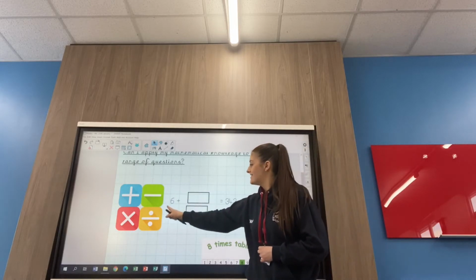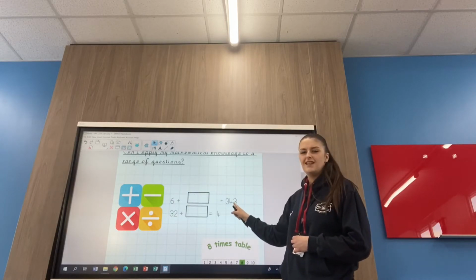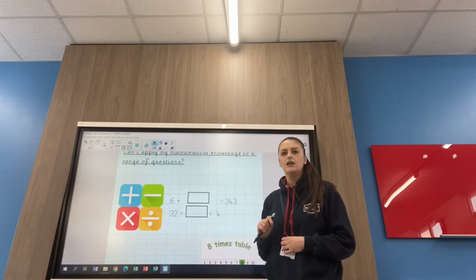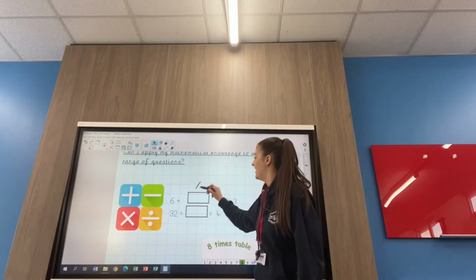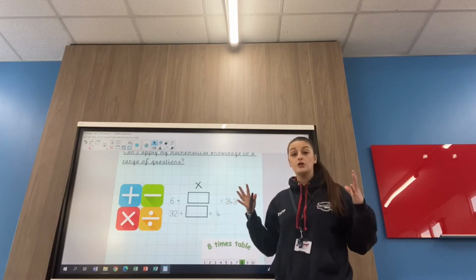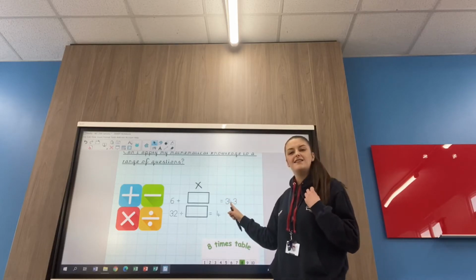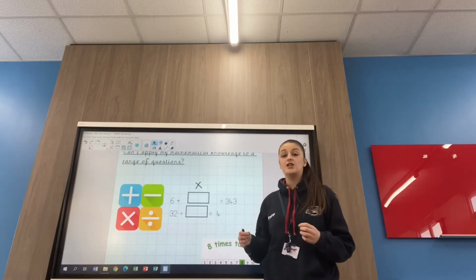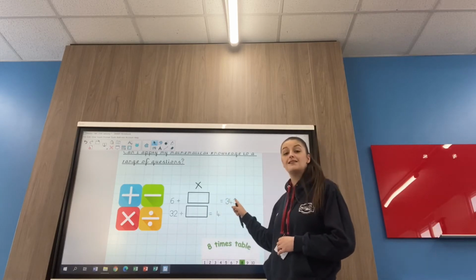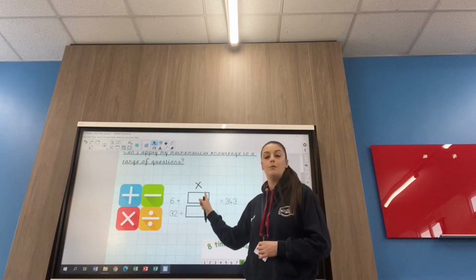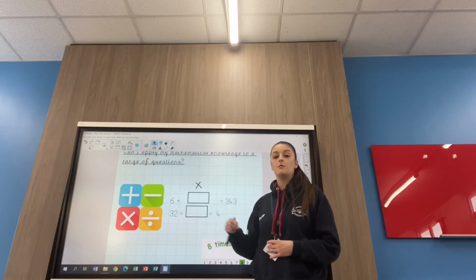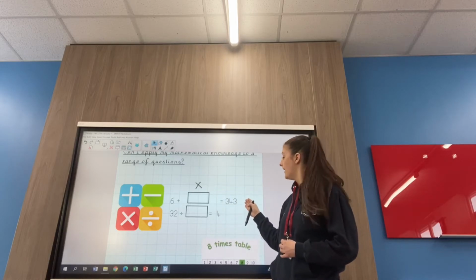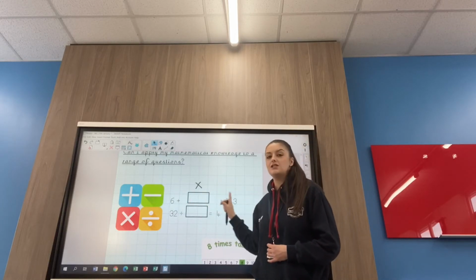Now, if I add 6 to 343 and use the numbers that way, because I can see an addition there, the number I get to put here is going to be much bigger than my answer. Now, we know that doesn't make sense because in an addition, the answer is the biggest number, not these two numbers here, okay? Because when we add two numbers together, the answer should get bigger, okay? So I'm not going to add these two numbers.